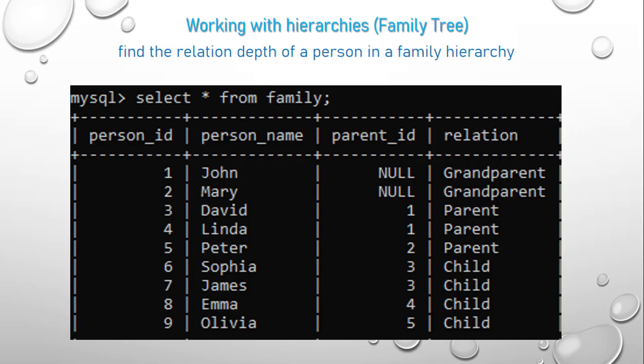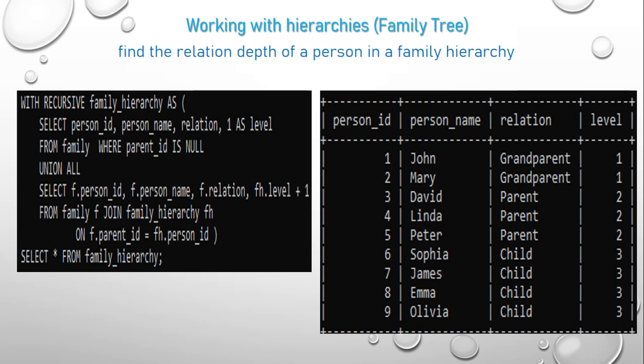And next, working with hierarchies, we look at the family tree example also. So here I have a family table where I have person ID, person name, parent ID and relation. So the grandparent doesn't have a parent ID. So here the hierarchy stops at that level. So here to find the relation depth of a person in a family hierarchy, again we are writing the same query.